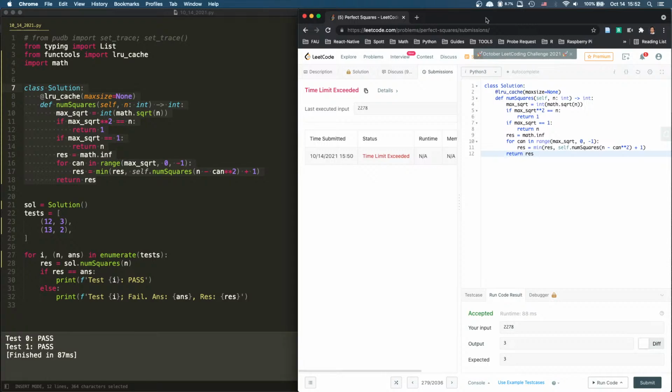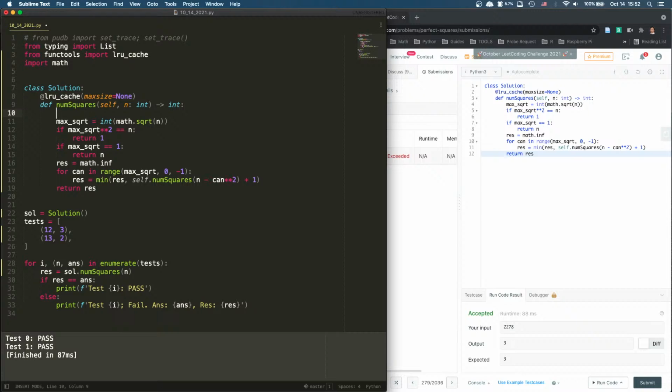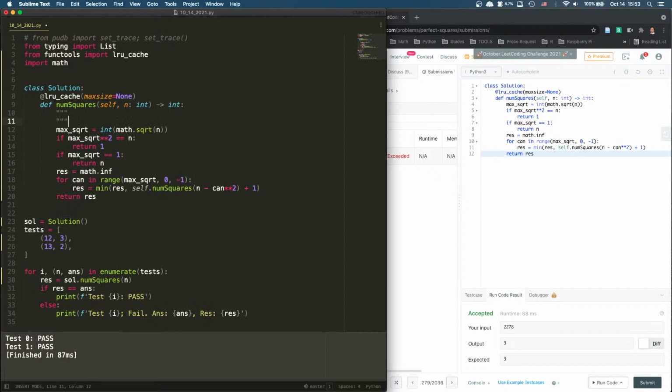And how do we know, right? We do not know. Let's try bottom up. All right, let's try bottom up. I mean, this one top down we have timed out. There could be many issues. It could be just constantly doing square root. Basically, we do square root every single time, which is apparently not ideal.